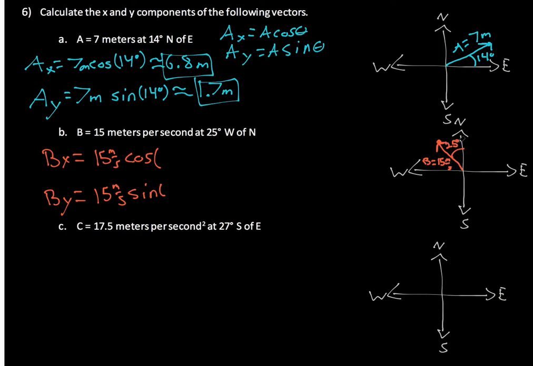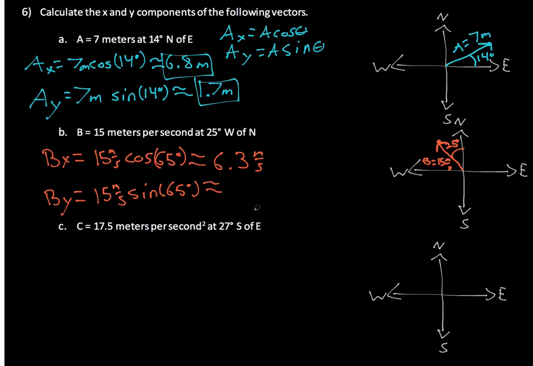That would be, to get 90 total, I would need to add 65 to 25. So let's plug in 65 degrees right there, and right here, and see what pops out. 15 times the cosine of 65 gets me, let's call it 6.3 meters per second.